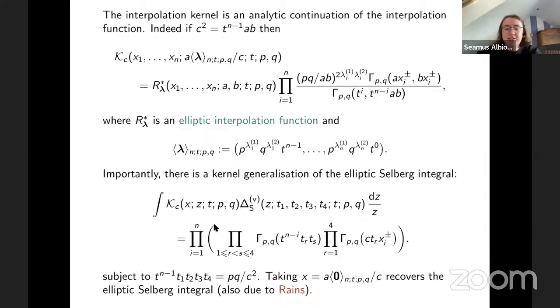Of course, there's always a balancing condition. And if you take this bipartition as just a pair of empty partitions, then you get the elliptic Selberg integral back, which I said here is also due to Rains, even though I already told you that. Okay.